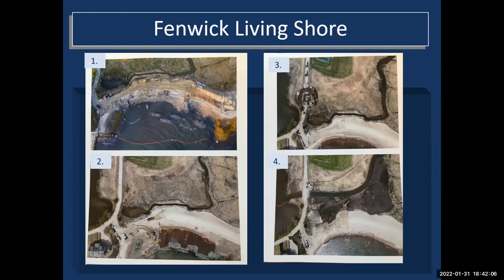But if you put sand over a rock wall, it's not a dune anymore. So in this case, you can see in picture 1, there are 9 sills being proposed here. Those are the kind of riprap piles of stone offshore, and that will attenuate some of the wave and storm action. And this place has really gotten nailed for many, many years.